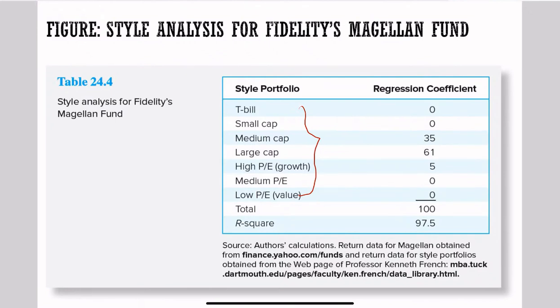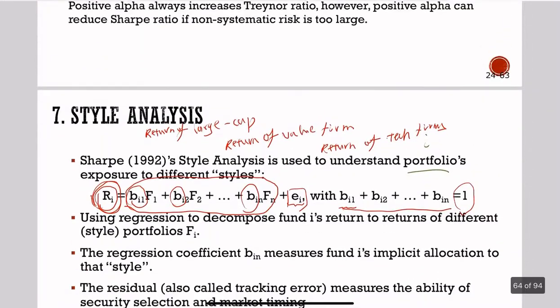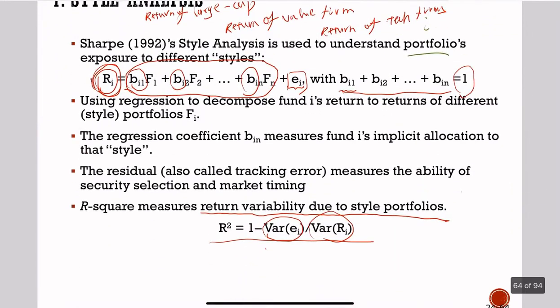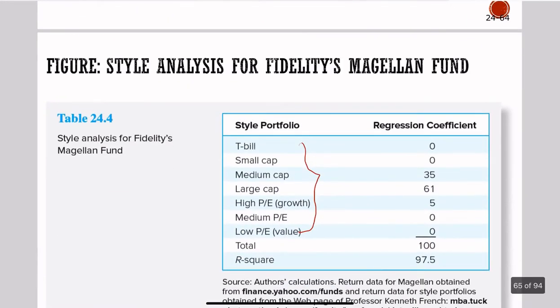So we have 7 different style portfolios. And then we use linear regression to regress the return of this mutual fund on the returns of these 7 style portfolios, and we get these regression coefficients.